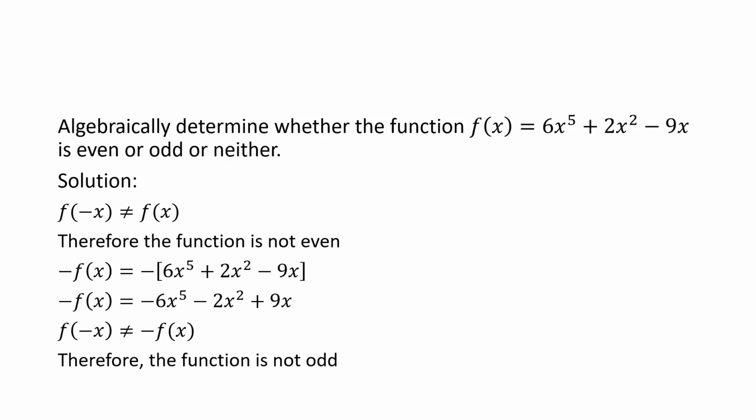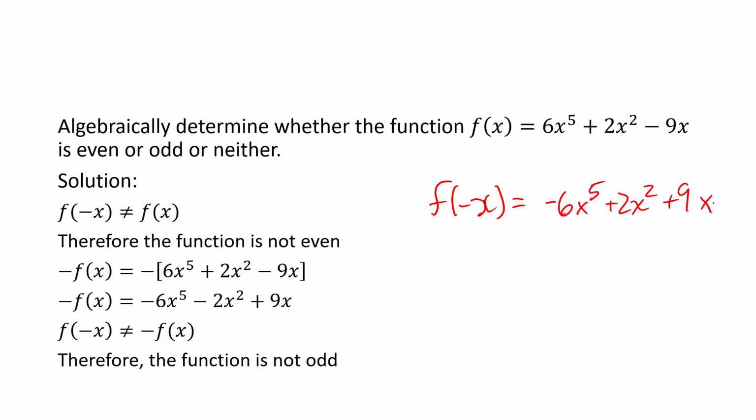Negative f of x is negative times quantity 6x to the 5 plus 2x squared minus 9x. And we get an expression that does not equal f of negative x. So we know that we've determined f of negative x already. f of negative x we saw on the last slide was negative 6x to the 5 plus 2x squared plus 9x.